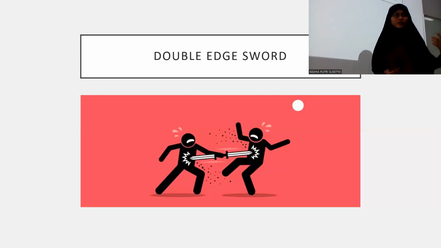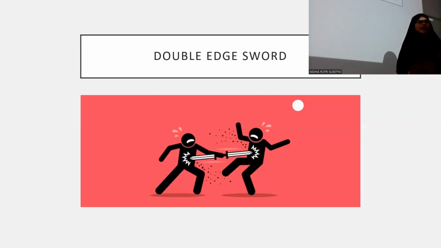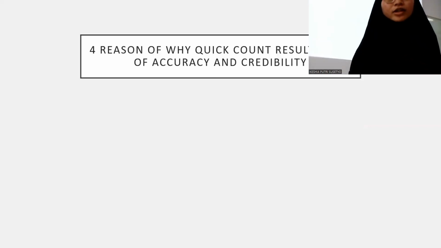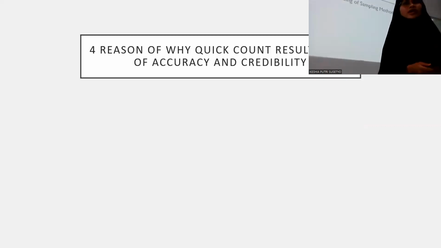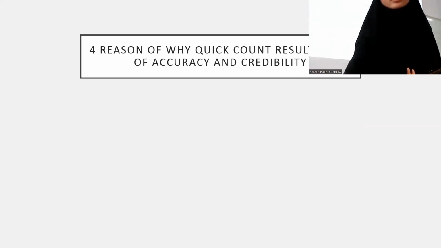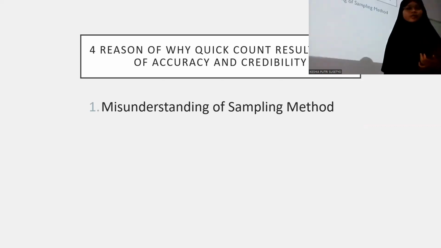Based on my real experience, whether in my family circle or in my academic circle, people have been saying that quick count lacks accuracy and credibility. According to Mr. Kodari, the executive director of Indobarometer, there are four reasons why quick count results lack accuracy and credibility.